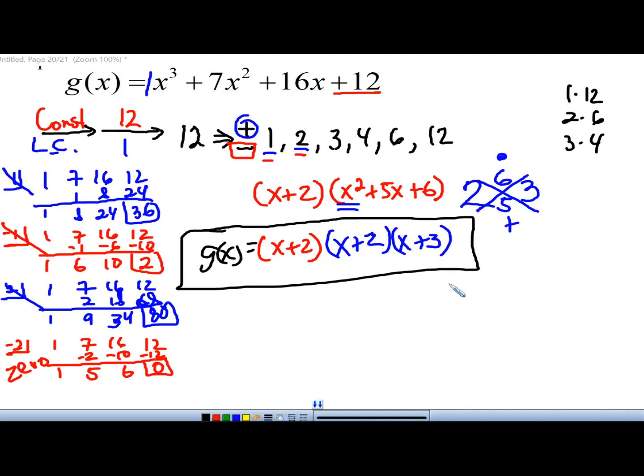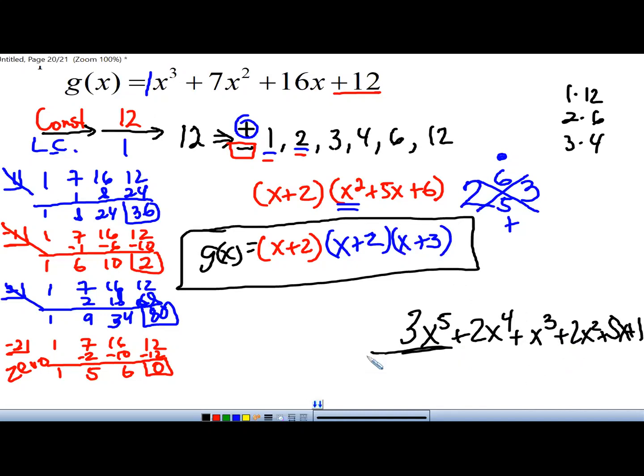Now, I don't know if you guys remember when we covered polynomials, and if I was to give you the polynomial 3x to the 5th plus 2x to the 4th plus x cubed plus 2x squared plus 5x plus 1. Look at it. Is it in standard form? Let's see, from the highest degree to the lowest degree, yes. So that means this is the leading term.